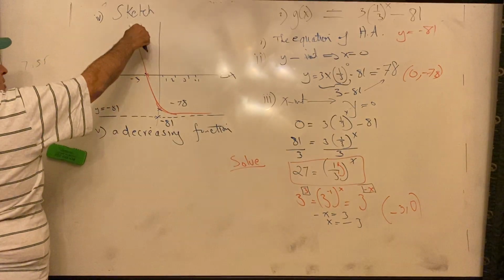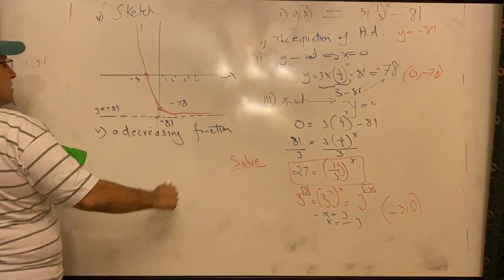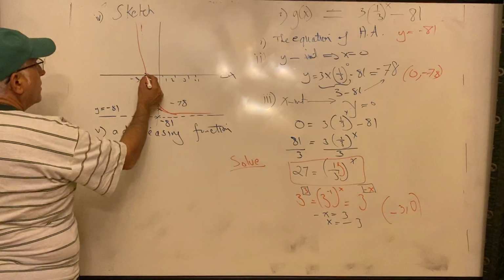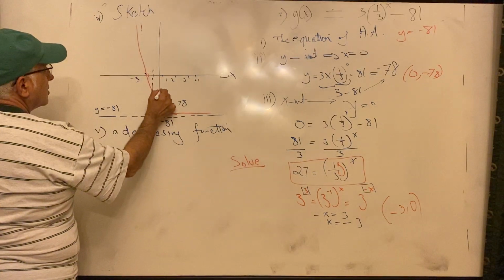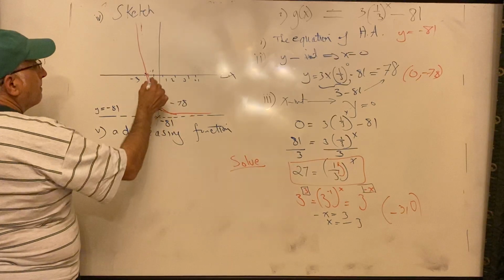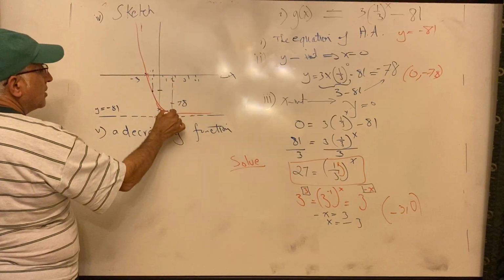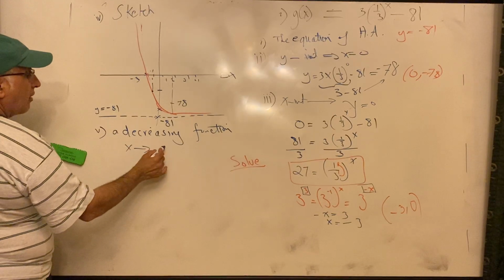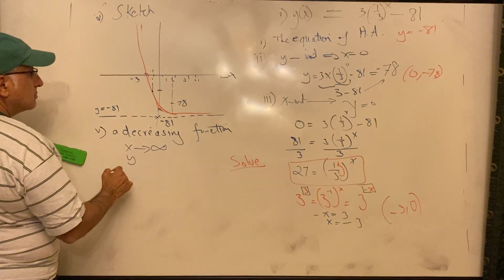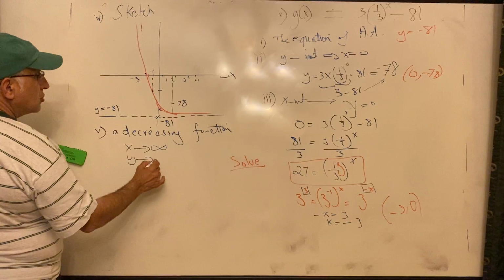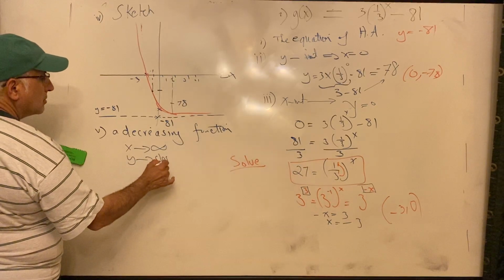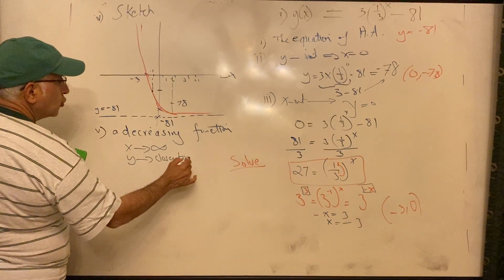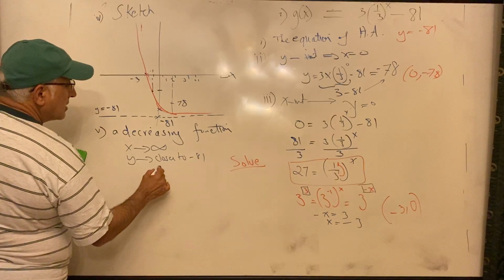The y is coming less and less. Some people say, I don't see that one. Okay, at negative 1, the answer, let's say negative 10. But when it's 2, the answer is less. As x becomes large, the y becomes what? Closer and closer to negative 81. It means it becomes smaller.